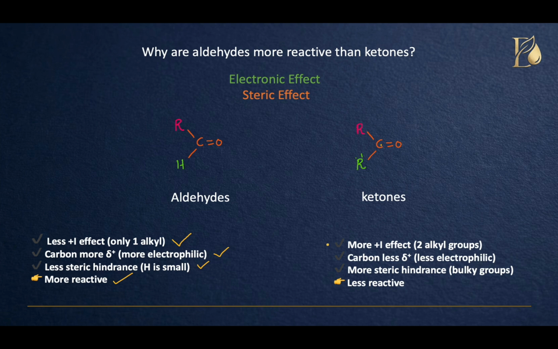While ketones have a more plus I effect because of the two alkyl groups, the carbon atom becomes less electrophilic, and they have more steric hindrance because of the bulkiness of these two alkyl groups. As a result, they are less reactive. So basically aldehydes are more reactive than ketones because of electronic and steric reasons.